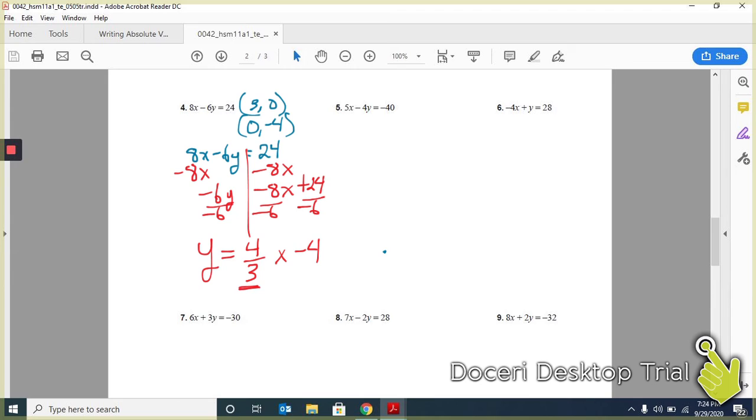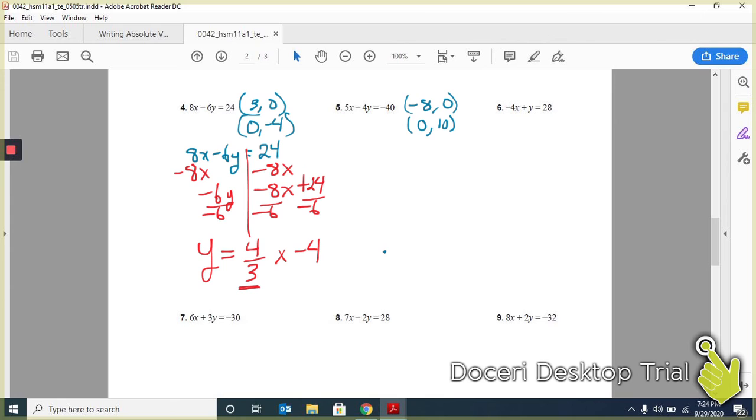And then there's your slope. There's your x-intercept.